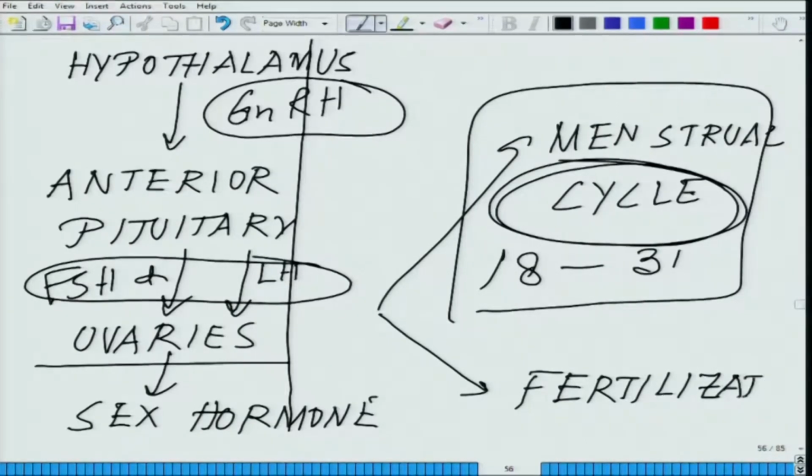These are the two aspects we are going to deal with in reproduction. We have already talked about the production of LH and FSH.